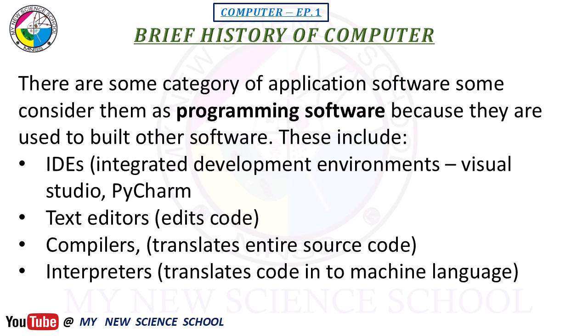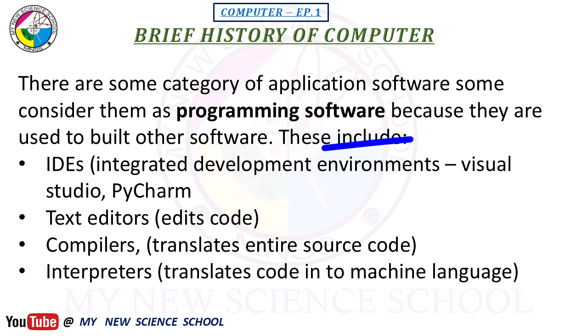So some texts, maybe they include this programming software as the third type of software. But here, the programming software is still an application because you don't necessarily need it for your computer to function. The reason they are classified separately is because they are used to build other software.